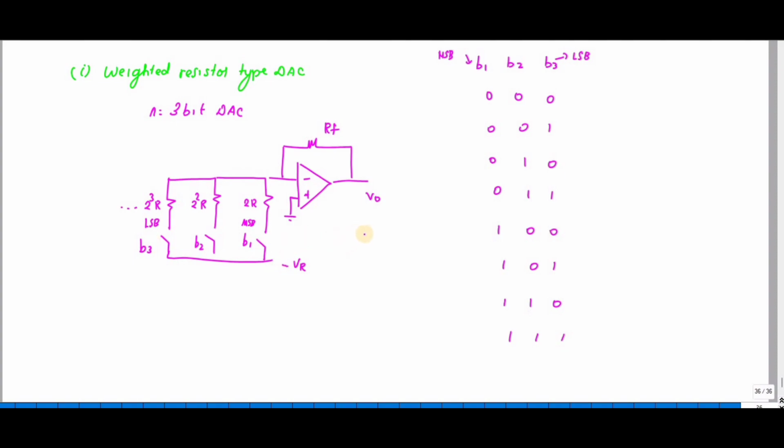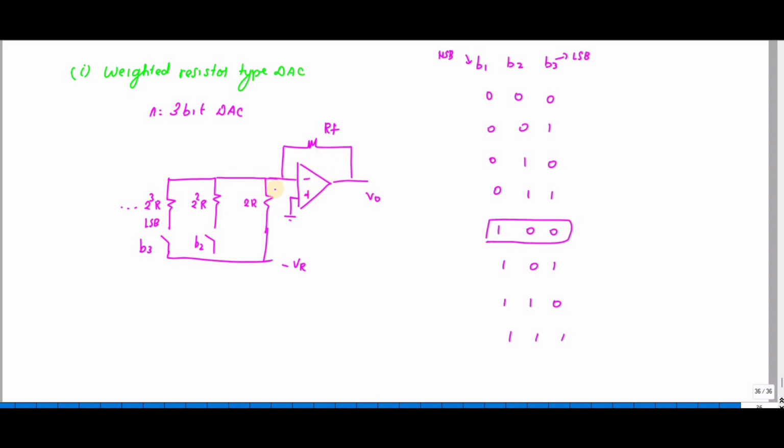Consider I am going to give this input. What will happen? My circuit will look like this, and the other branches will not be connected to my circuit.